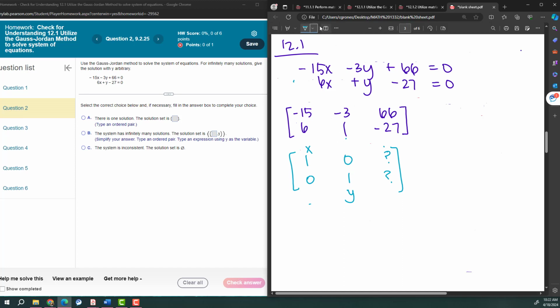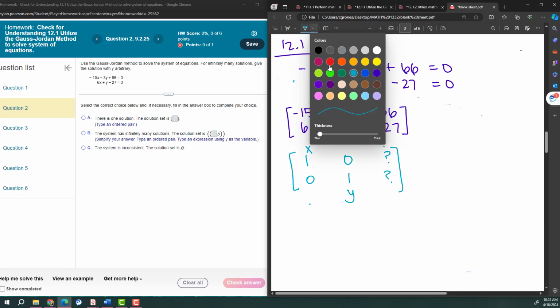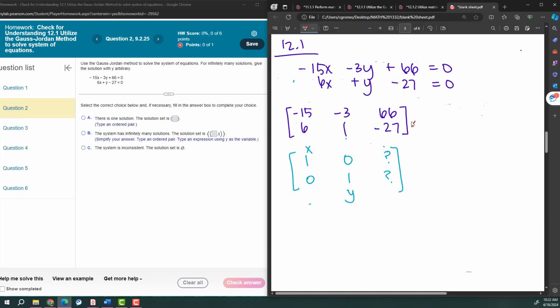So let's manipulate our second row. Let's multiply this by 3. And so we get negative 15, negative 3, 66, and then we've got 6 times 3 is 18. 1 times 3 is 3.